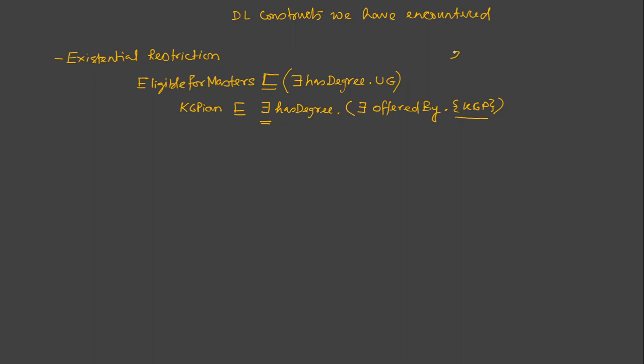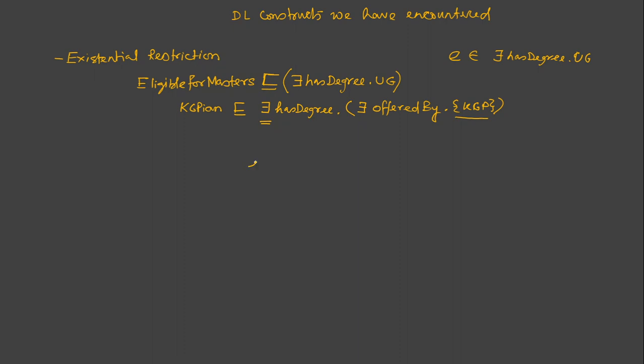And the entities that belong to this class are those that have a degree UG, when the entity has at least one property labeled has degree, and the value is something that belongs to UG. And we know how to draw this out, right?